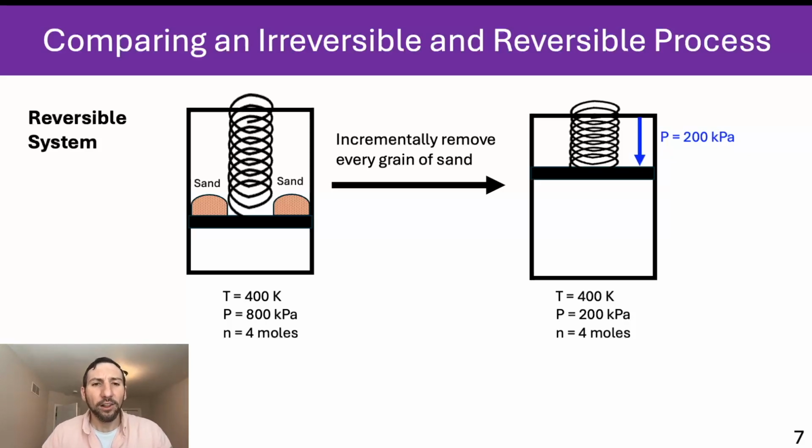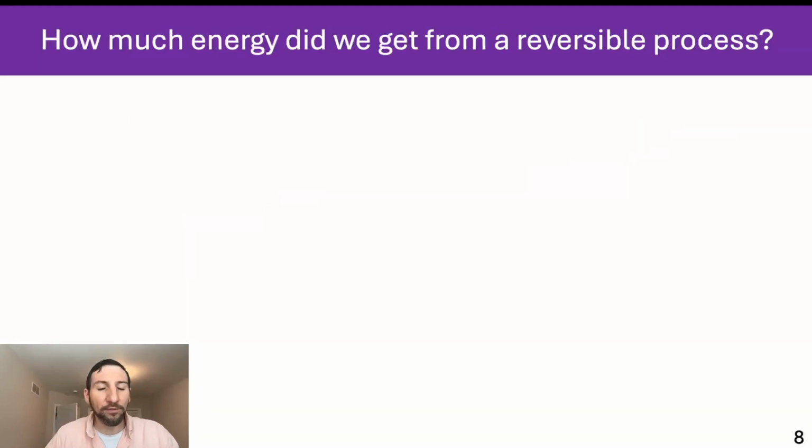So now let's do the calculation for how much work we got out in the reversible case. Same as before, we know that work is going to equal negative PdV, but this time, because my piston is expanding slowly, I'm removing one grain of sand at a time, the amount of pressure that's applied to my piston over time is not constant, and I therefore cannot pull P out of my integral.